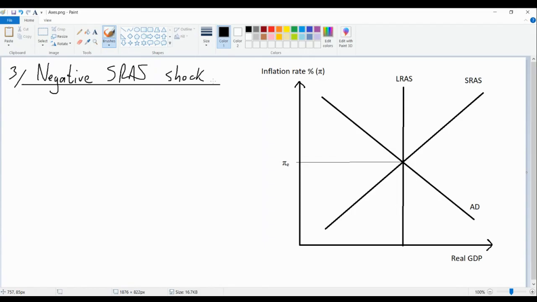Remember, these shocks are to do with costs, and the costs of different things can't just easily go down. There's a limit on how low costs can be, but they could go up significantly. So negative supply shocks are the ones that we're going to worry about.